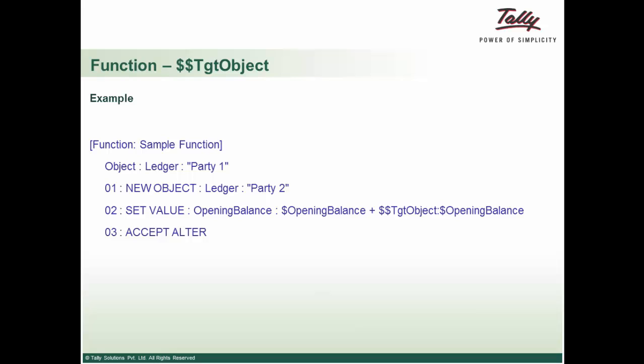Colon $opening balance, this refers to party 1 opening balance, plus $TDL colon $opening balance, that refers to party 2 opening balance. So at the end, party 2 will have an opening balance that is the combined value of its existing opening balance plus the party 1 opening balance.